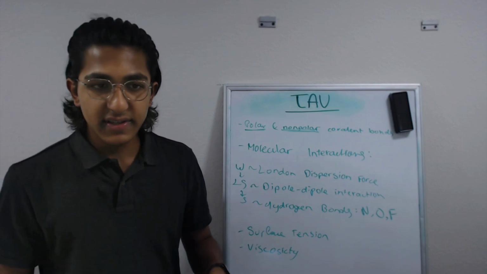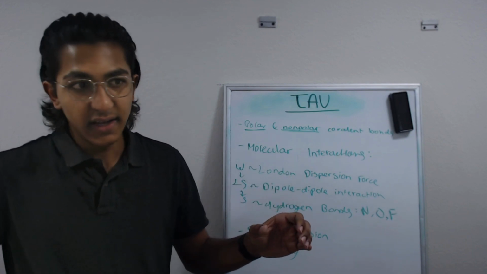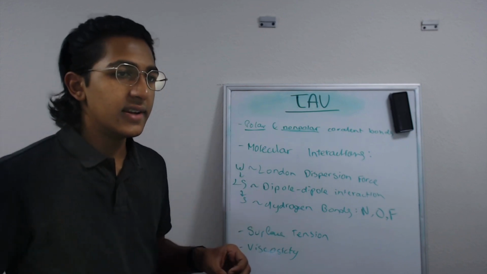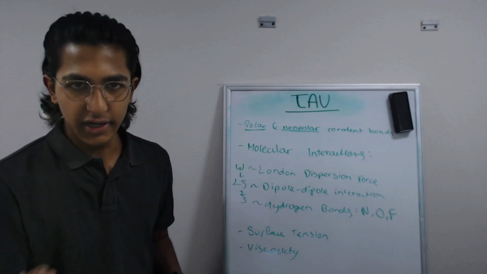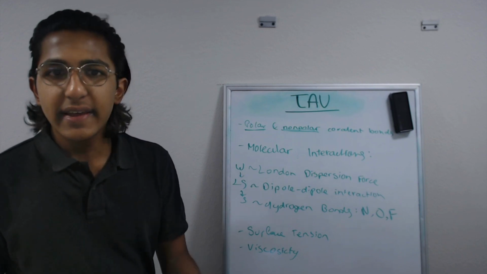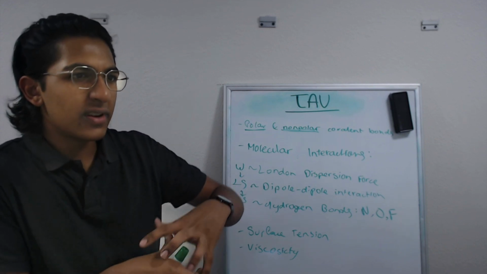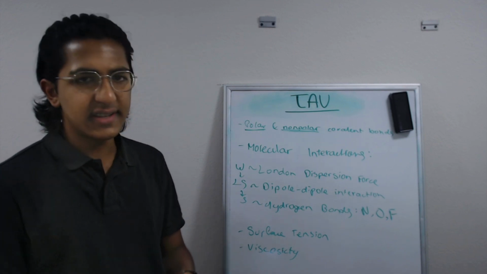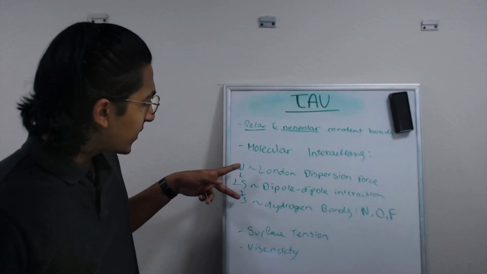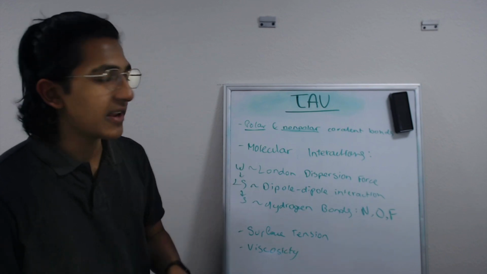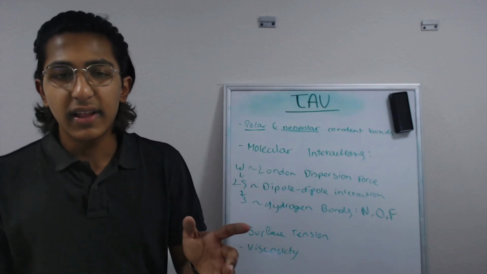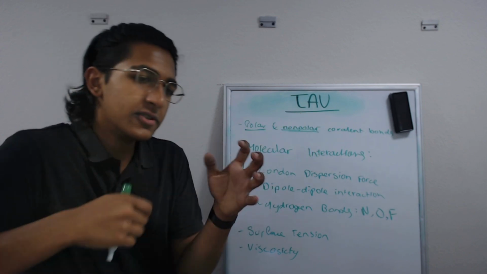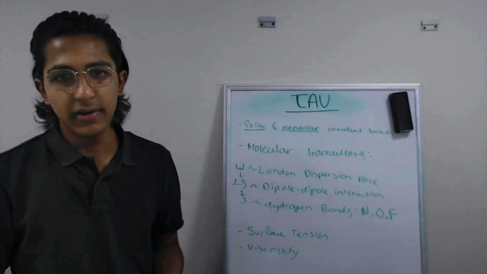You might have noticed that if you have a jar of honey, swirling honey around is much harder than swirling regular water around, right? Well, why is that? Why is honey so much thicker, so much more viscous, with a higher viscosity than water? Well, that's because it has stronger molecular interactions. Stronger molecular interactions bind the molecules together more, so it's harder to move them around and change them.